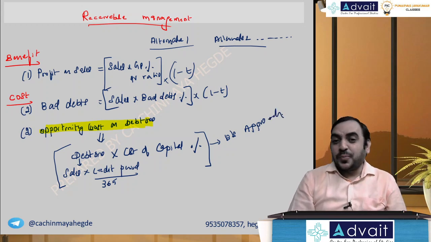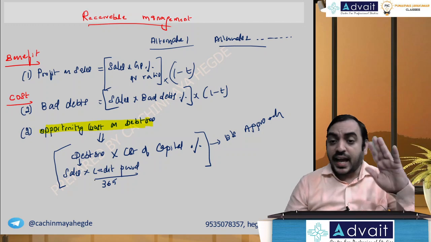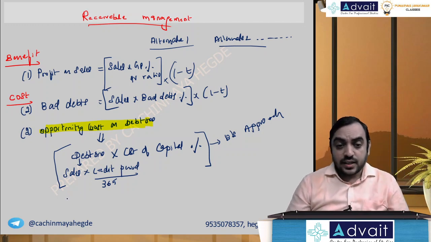If it is the cash cost approach, how is the debtors valued? Debtors, we don't value on sales, we value at cost of goods sold, remember? We don't take the profit element, we don't take depreciation. So if it is the cash cost approach, directly I will write it as annual cost of sales, that is basically sales minus gross profit, into credit period divided by 365.